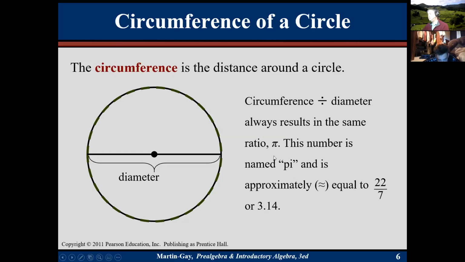This is something that the ancient Greeks worked a lot on. They recognized early on that there was this golden ratio of the circumference to the diameter of the circle, and they didn't have calculus or calculators. So they had to measure the circumference and measure the diameter, and then do the division.